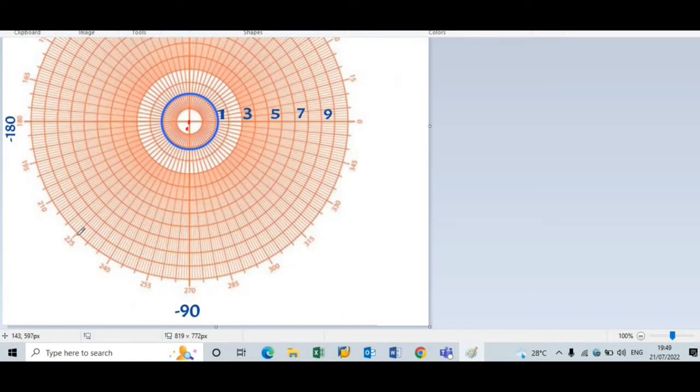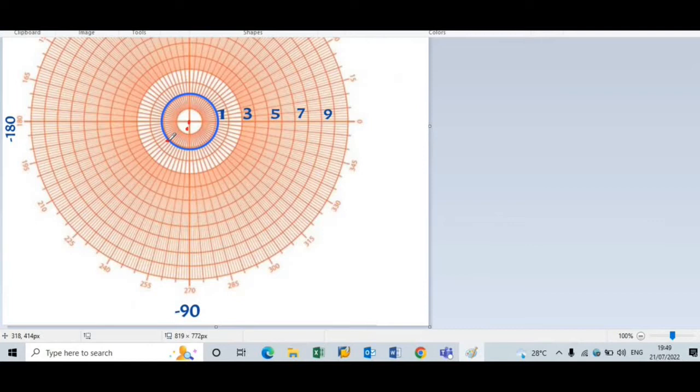So after 135, here is 140 and our angle is 141. So this line, after minus 140 angle, the first line will indicate the angle minus 141. On this line we will extend and choose the point with unity magnitude. Here unity magnitude means magnitude 1. The circle is shown with the help of blue color, so we can easily mark the point.